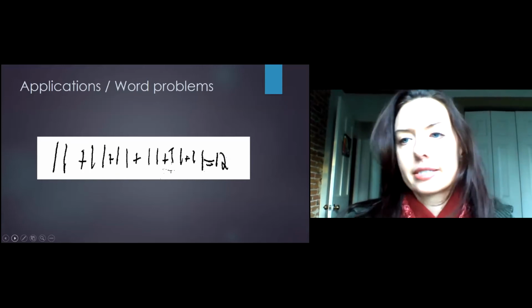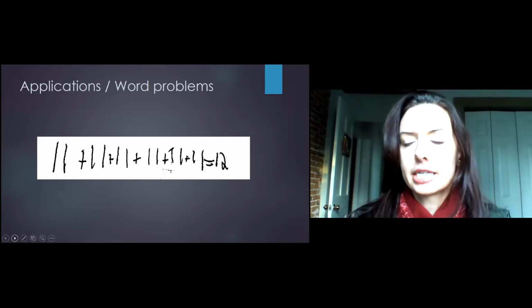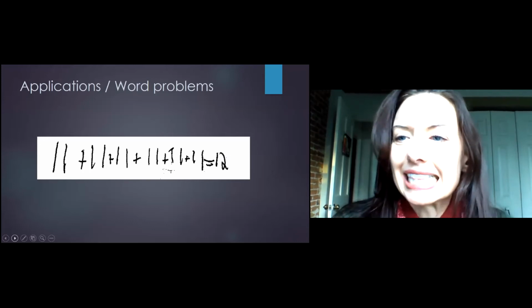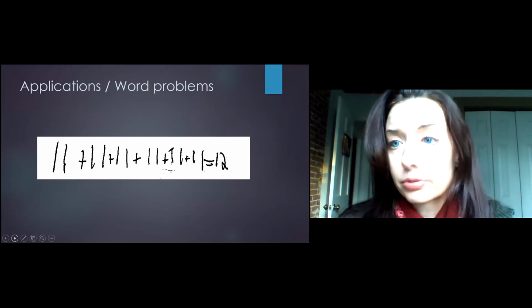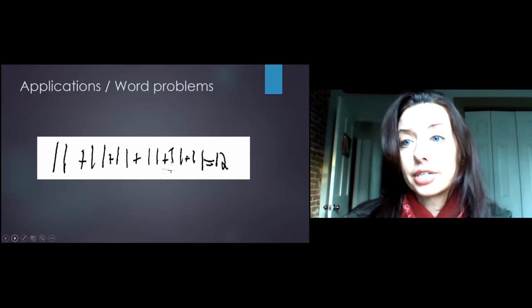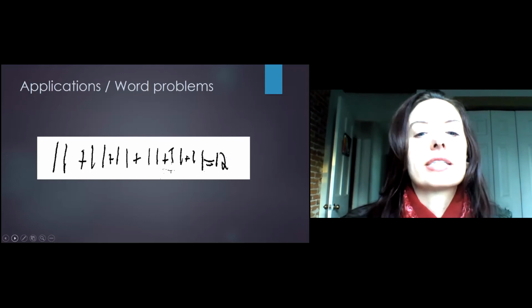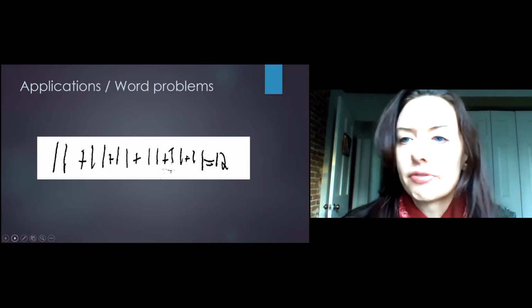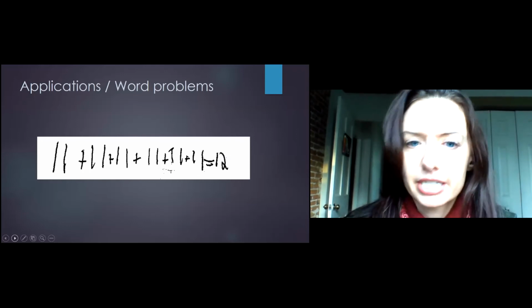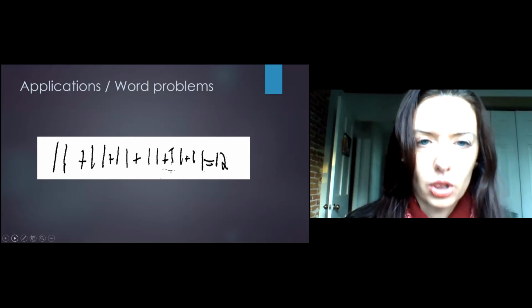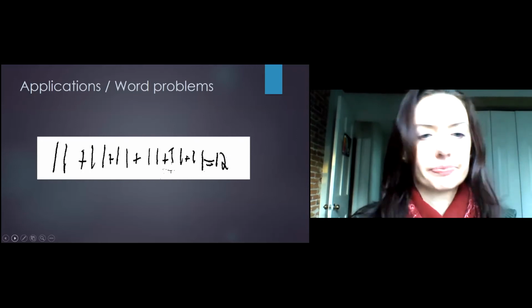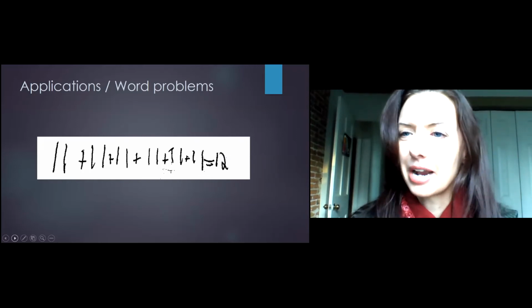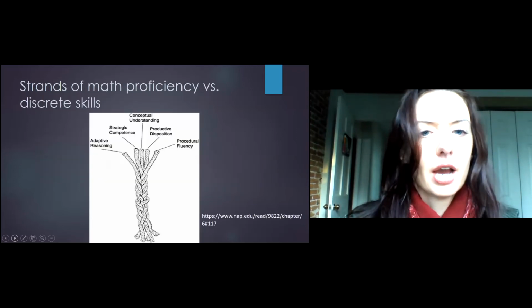And the question is, there are 6 students, how many legs are there? So an efficient approach, if a student was struggling, they could count by 2s. But sometimes we see students just revert to tally marks and have to count all. So this is another thing I see in students. So a couple of examples there.